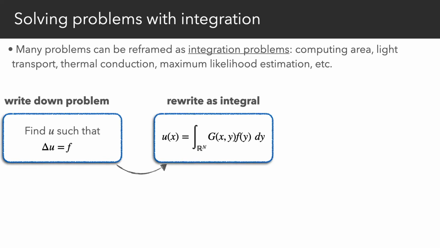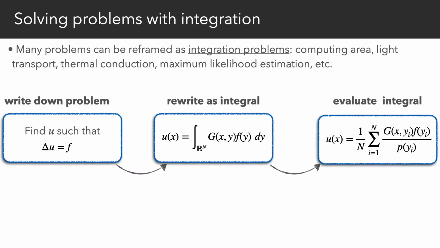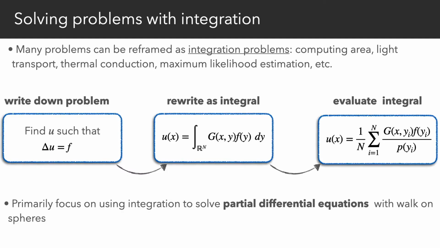Then, we have to convert that problem to an integral. And finally, we have to evaluate the integral. And we'll apply this framework to partial differential equations today to see how we can build Monte Carlo PDE solvers. But first, let's understand this last step to see why we'd want to reframe problems as integration problems in the first place.